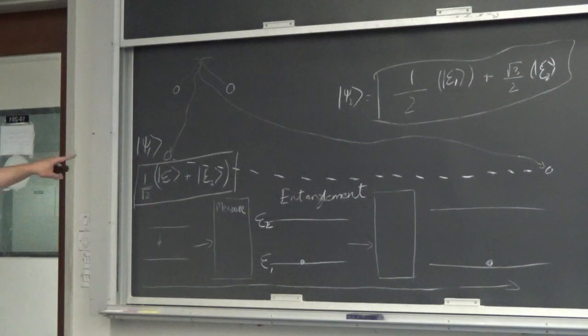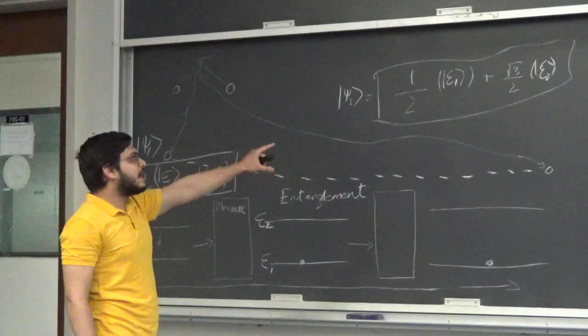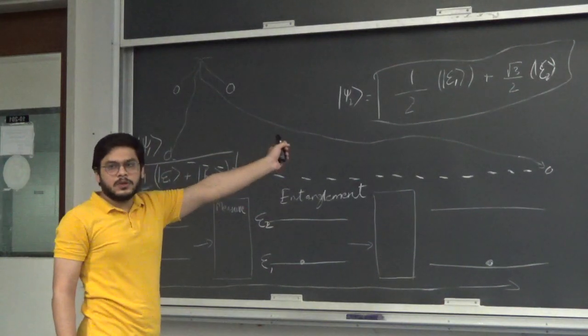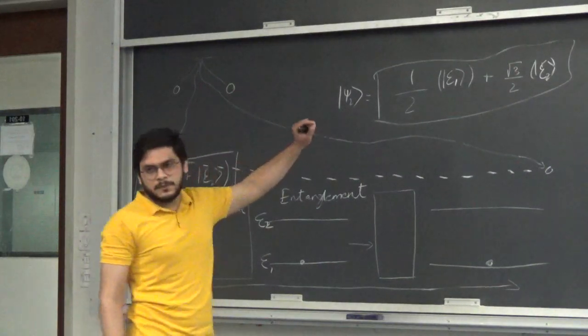So for that state, I'll see that the division of particles landing in state E1 or E2 will be in the ratio 1 to 3. Yes.